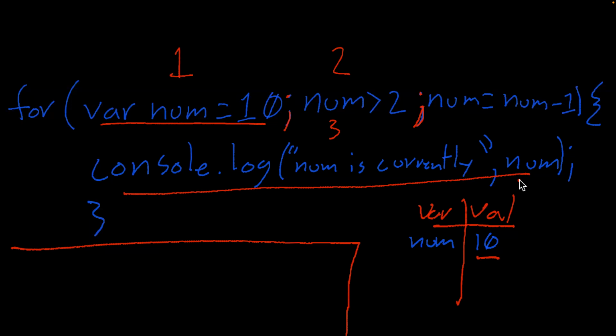So it wants us now to console log the string "num is currently" plus the value of num. Num is currently, and then what's num? 10.